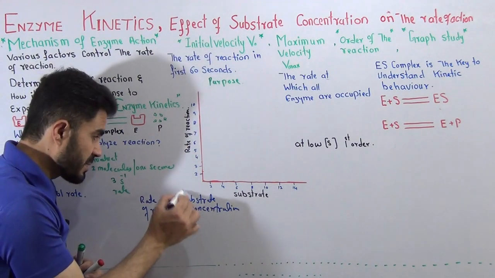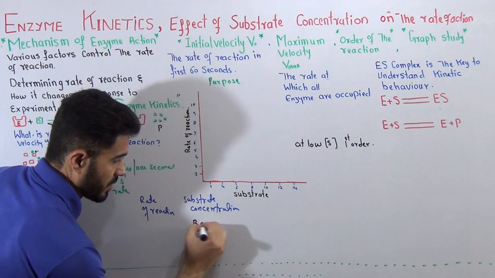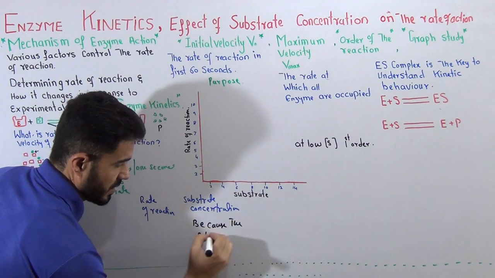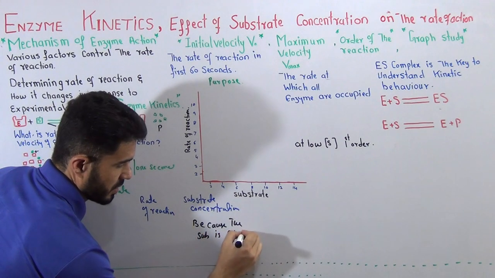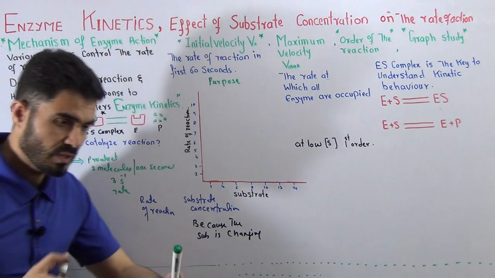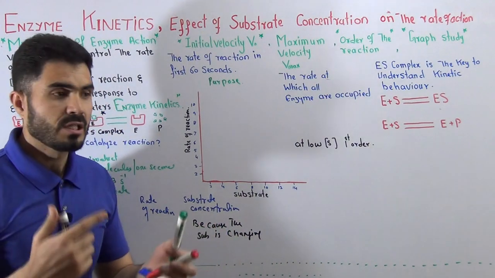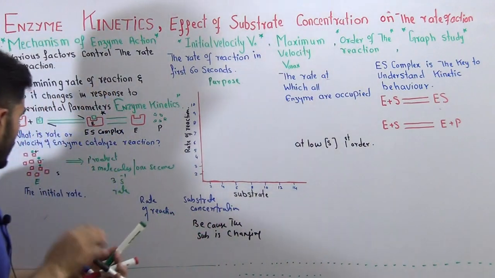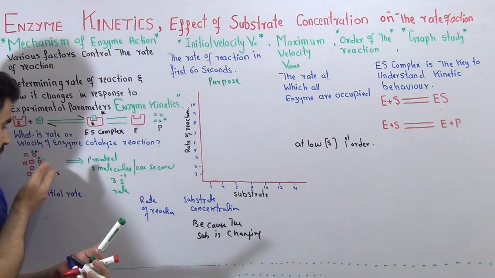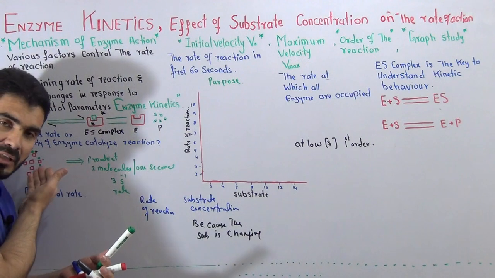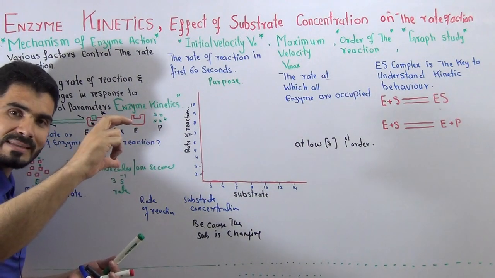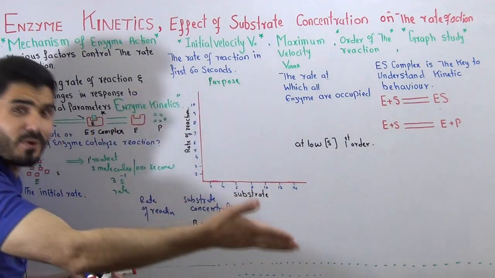Why? Because the substrate is changing. Once you start a reaction, the substrate is changing. If you had 10 molecules of substrate, some of the substrate molecules will bind with the enzyme. As a result, the substrate amount will decrease because it is converting into product.